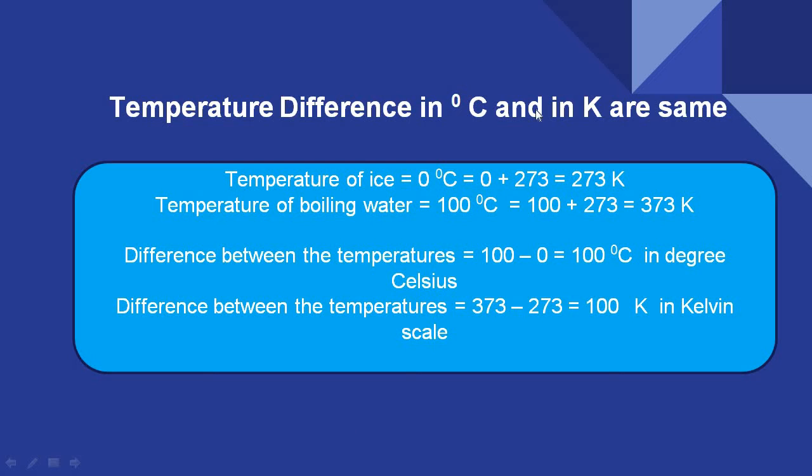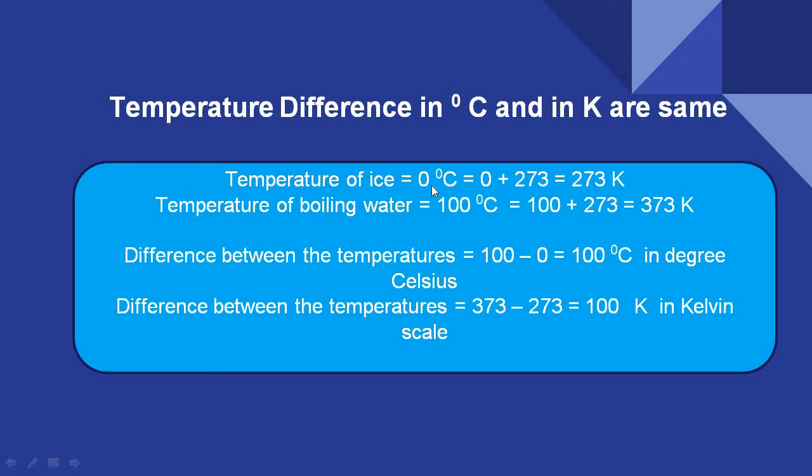And now, just note this. You can have this concept: temperature difference in degree Celsius and in Kelvin are the same. That means in that expression, we are considering delta T, the change in temperature, which can be either in degree Celsius or in Kelvin. There is no difference that we can note here.